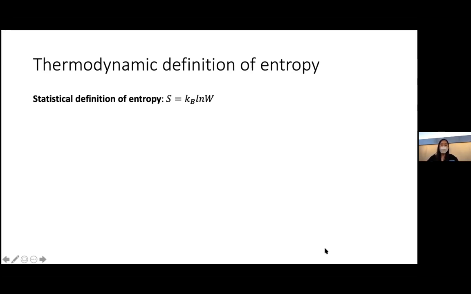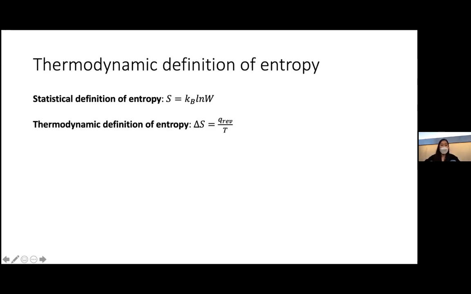Whereas if you have something that's very ordered and has to be in a very specific configuration, there are very few ways to rearrange it and have it be in the same configuration, if that makes sense. So this definition of entropy is pretty intuitive to us because we have such a rigorous definition of multiplicity.